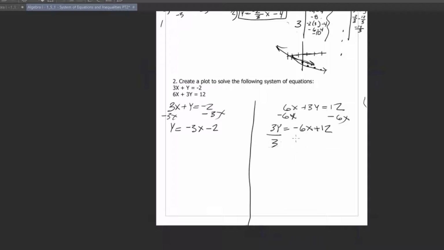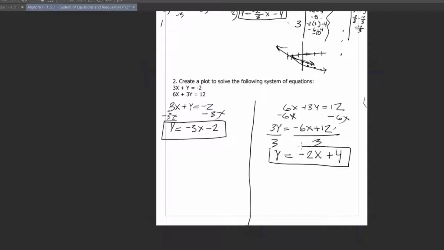Divide by 3. Y equals negative 2, because that's 6 over 3, x plus 4, 12 over 3, 4. This one we just have here, y equals negative 3x minus 2. This one, y equals negative 2x plus 4. Now let's go ahead and create a table for this.